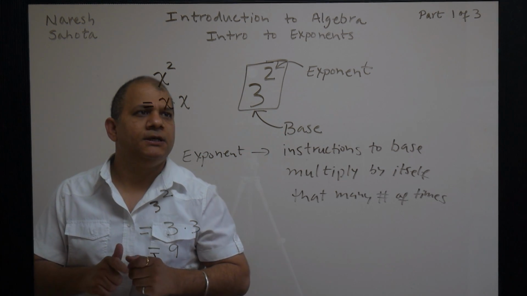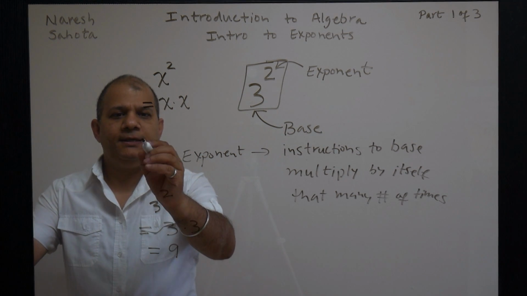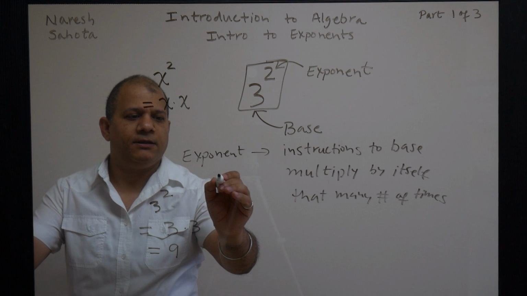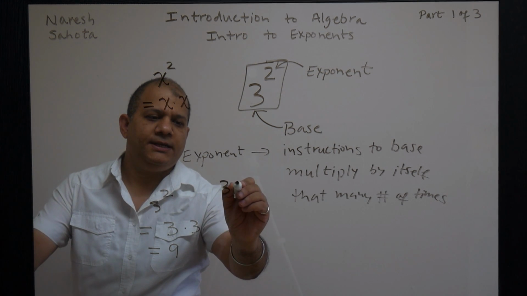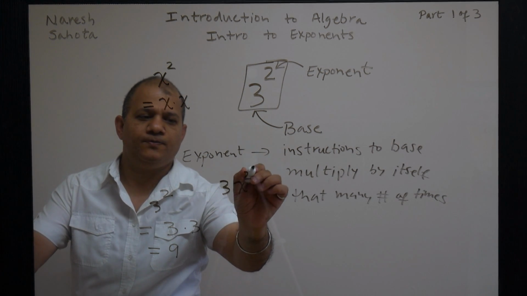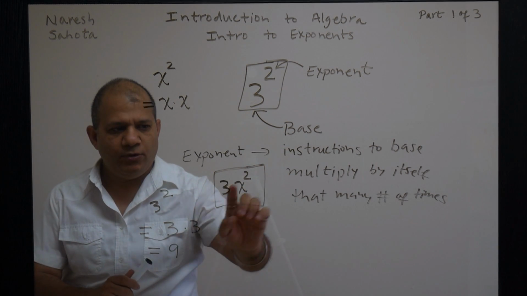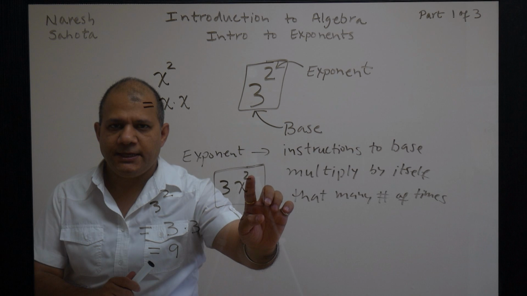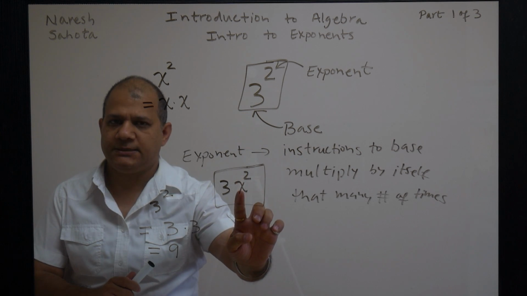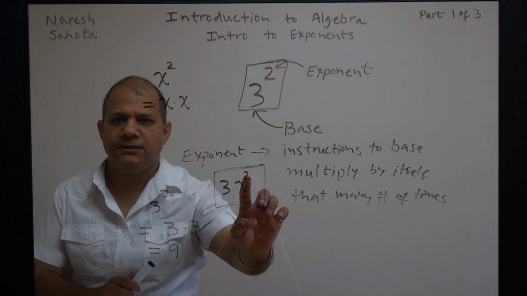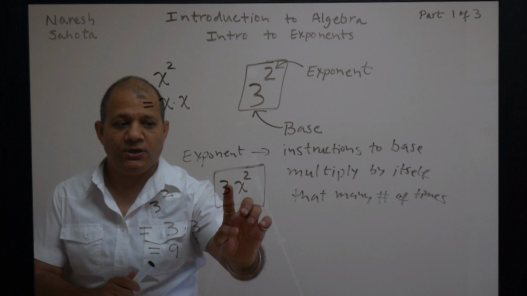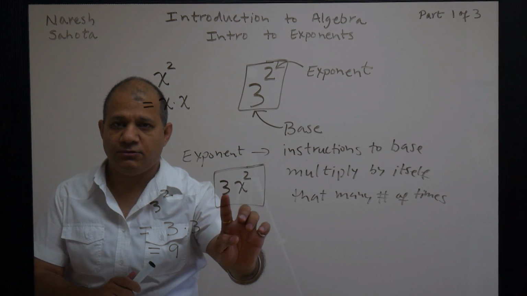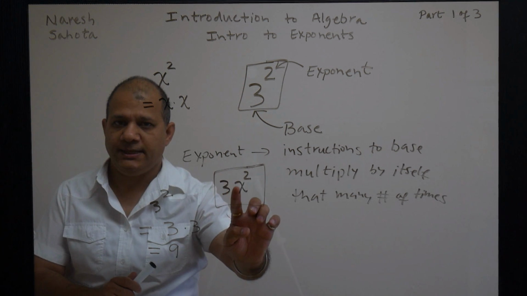Now if I say something like 3x to the 2, when I look at something like this, the exponent of 2 applies to the base x. It does not apply to the base 3. Remember, 3 is also a base and x is also a base.